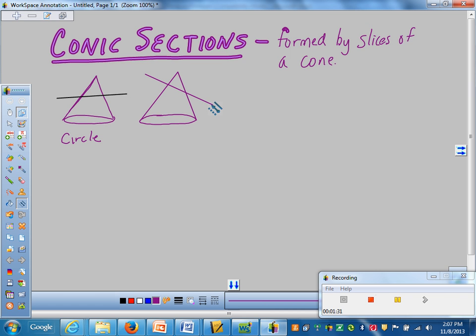Okay, I got a vote for an oval. In layman's terms, it's an oval. In mathematical terms, it's an ellipse, not an eclipse. There's no C in it. Okay? It's an ellipse.